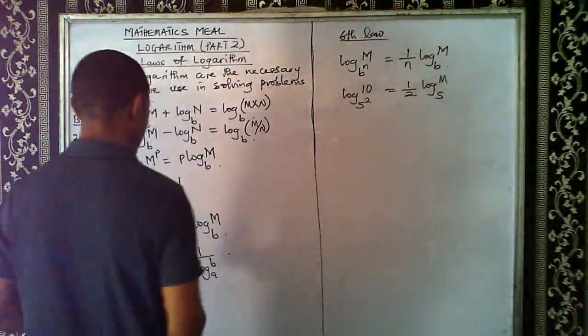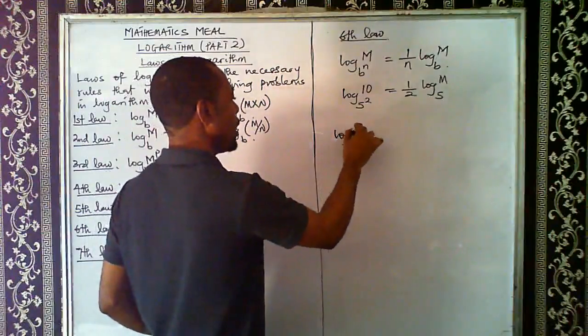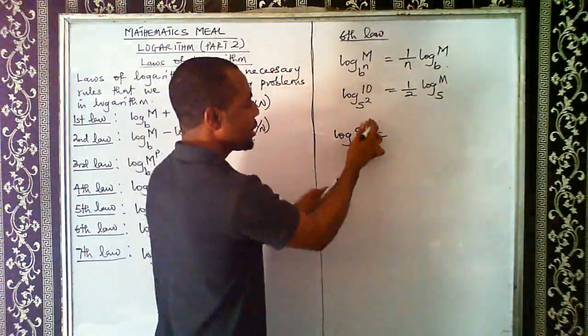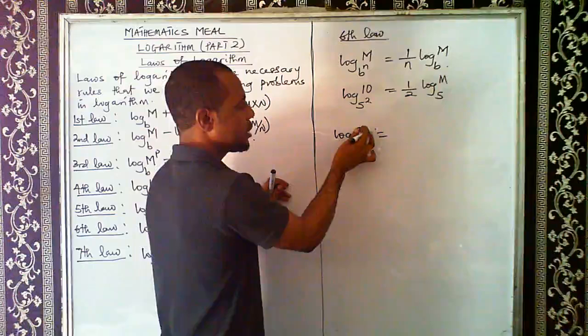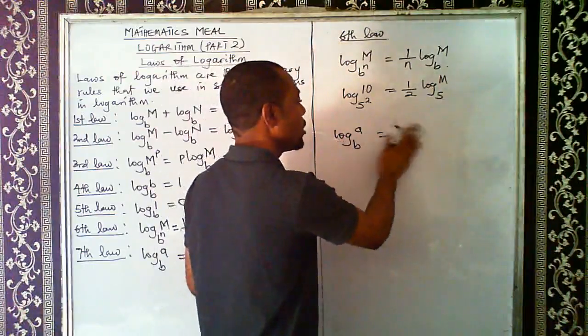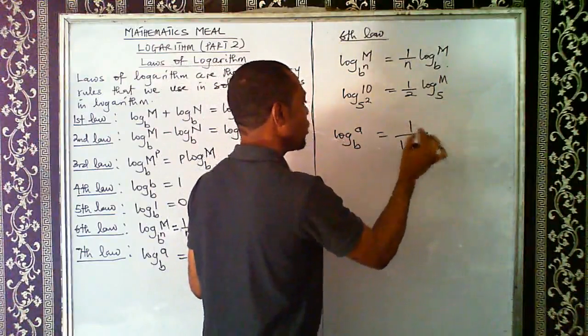So finally, the seventh law. In the seventh law, we have that log a in base b. If I reverse the base, so that a becomes the base and b becomes the number, we are going to have 1 over log b in base a.